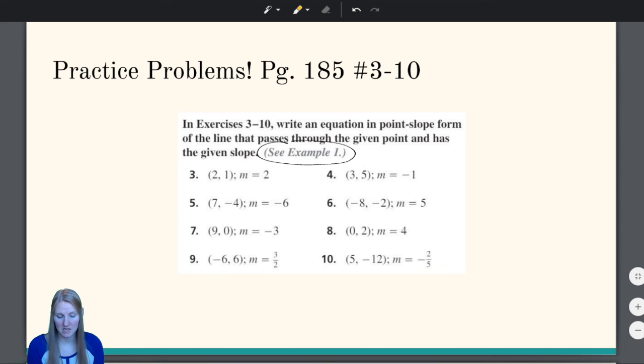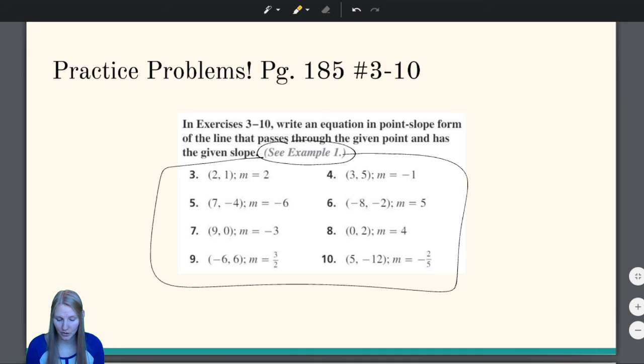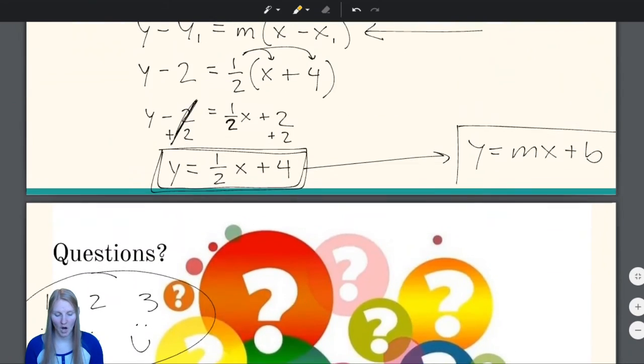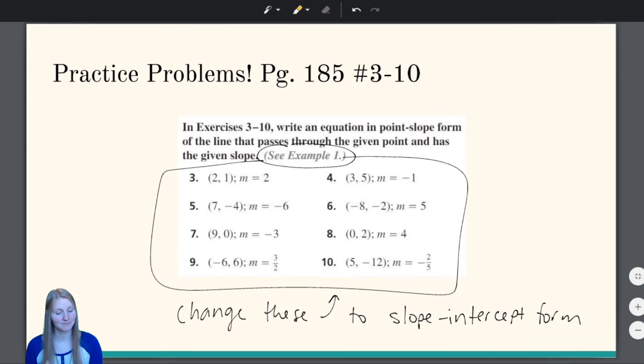So the problems for example 2 are change these to slope intercept form. And then you'll get all the practice that you need on the second example that we did.